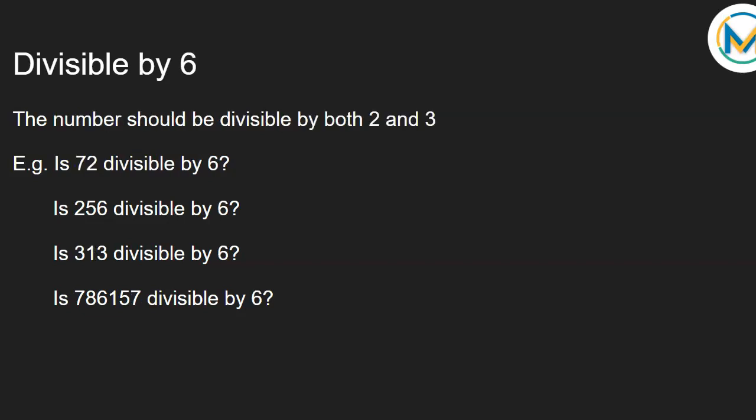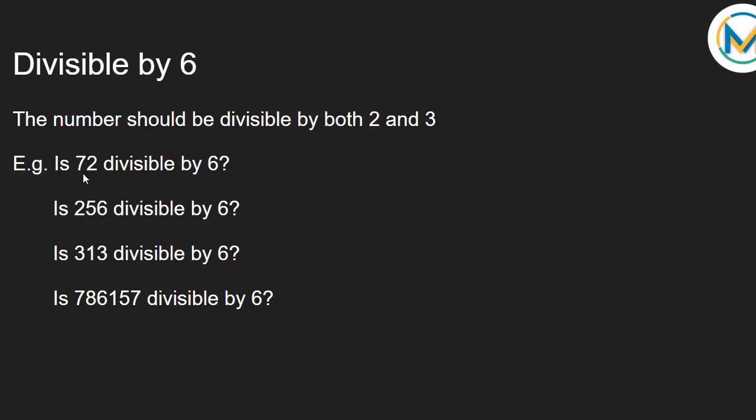Divisibility by 6. The number should be divisible by both 2 and 3. Understand, both, not just one, but both 2 as well as 3. So let's check one by one. 72, is it divisible by 6 or not? The test for divisibility by 2 is that the units place should be even, and here it is 2, it is even, so it is divisible by 2.